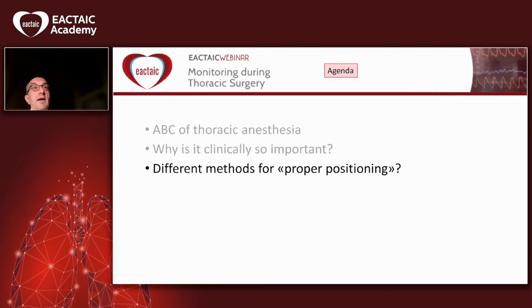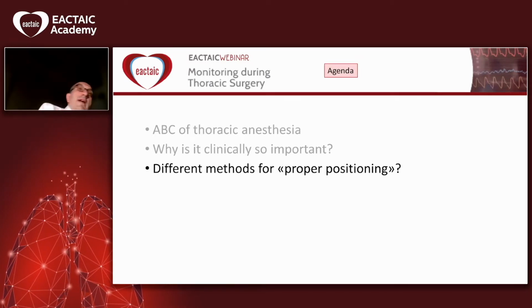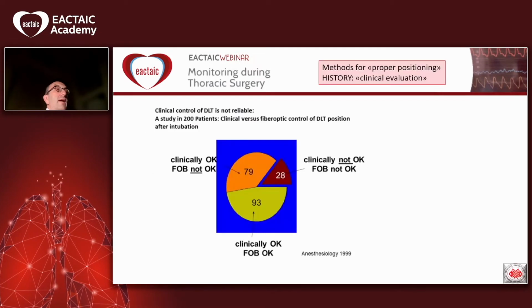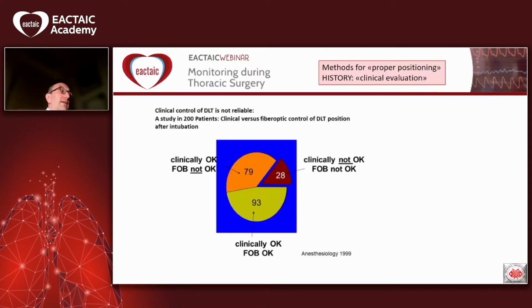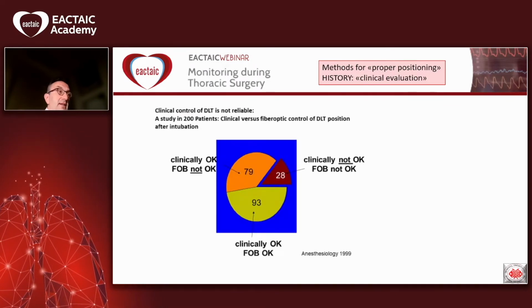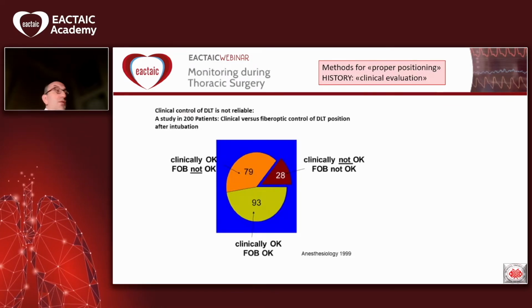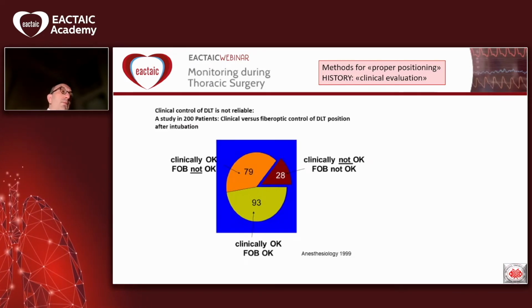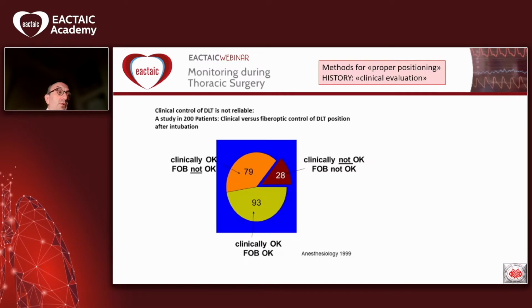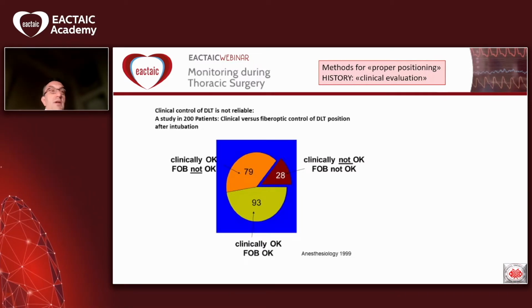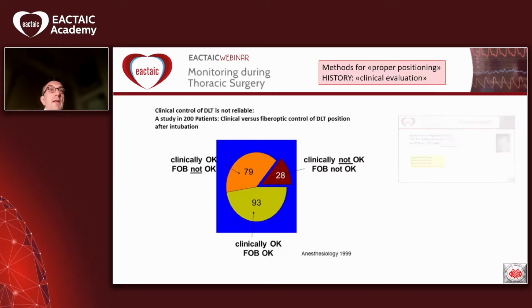So, as it is so important, we can discuss the different methods of proper positioning. The historical answer for this is auscultation, but this is just historical. This study has shown that in as high as 40% of all patients, the double-lumen tube is not in a correct position, although your clinical judgment with auscultation was okay.